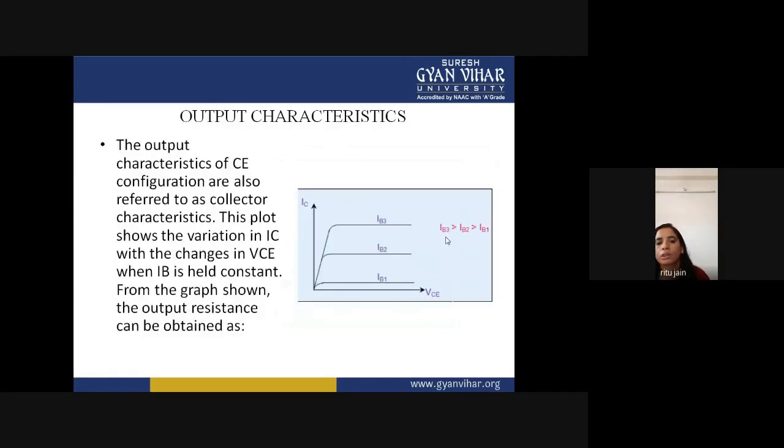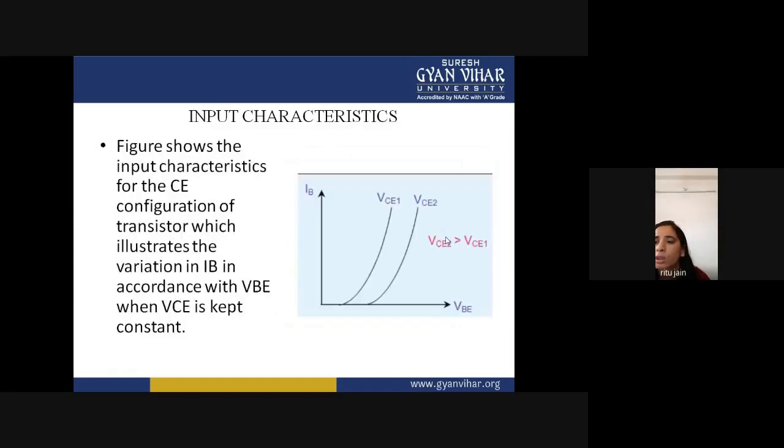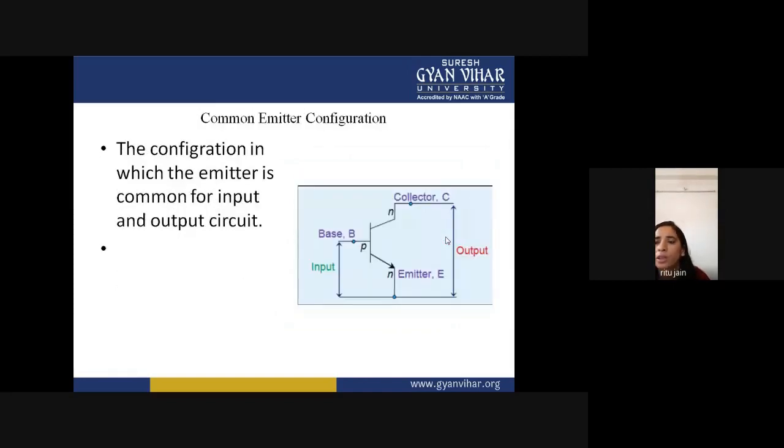Now, this is your output characteristic. As I told, it is drawn between collector current and collector-emitter voltage.